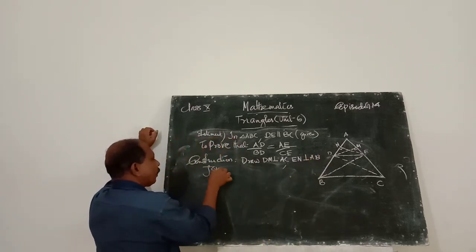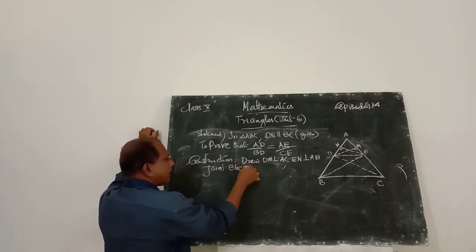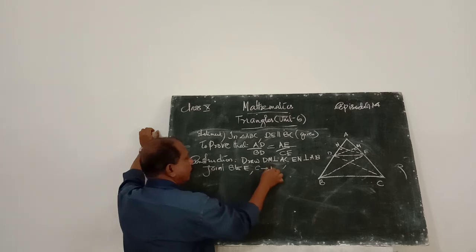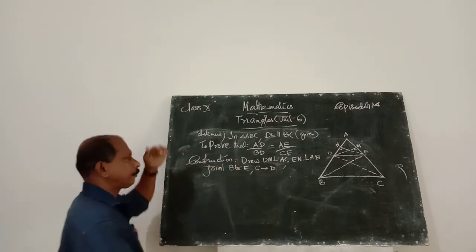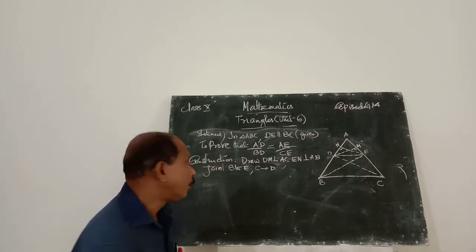Join B to E and C to D. These are the main constructions for that. And then the proof.